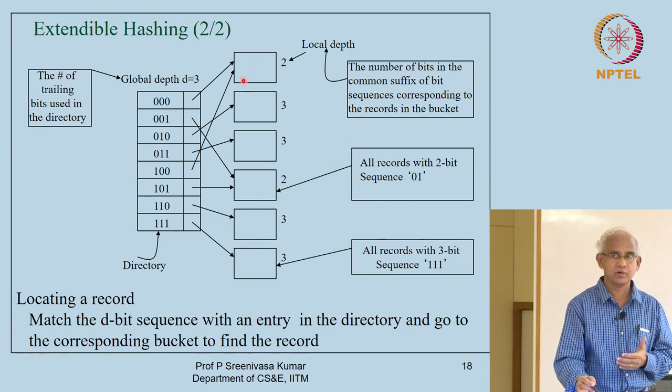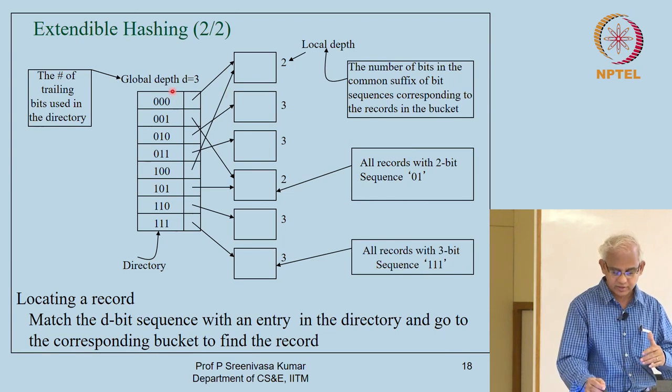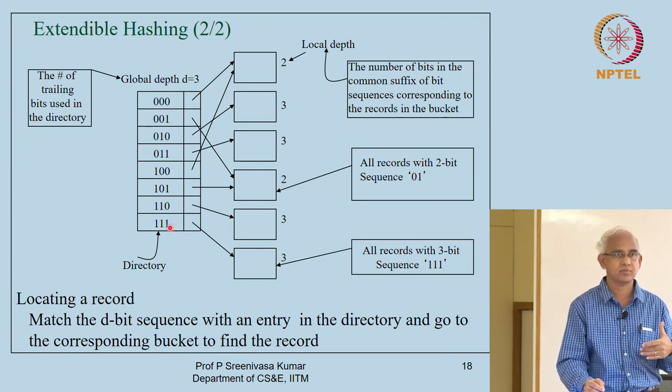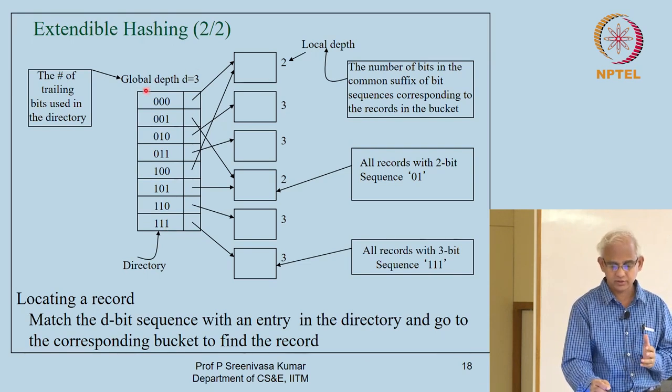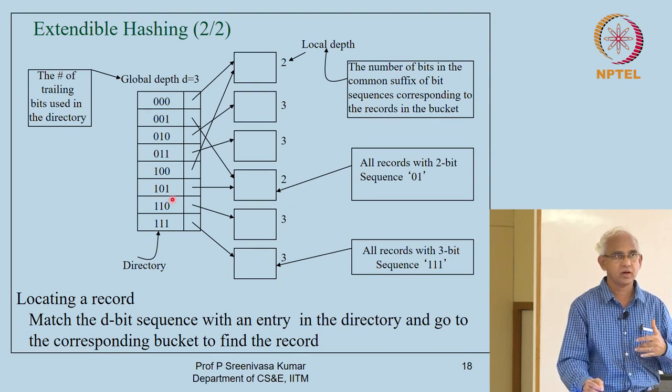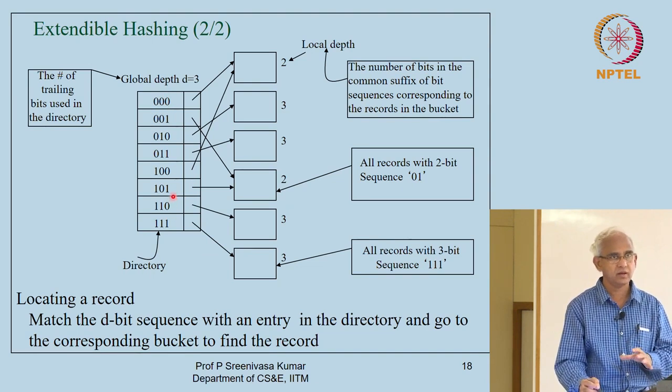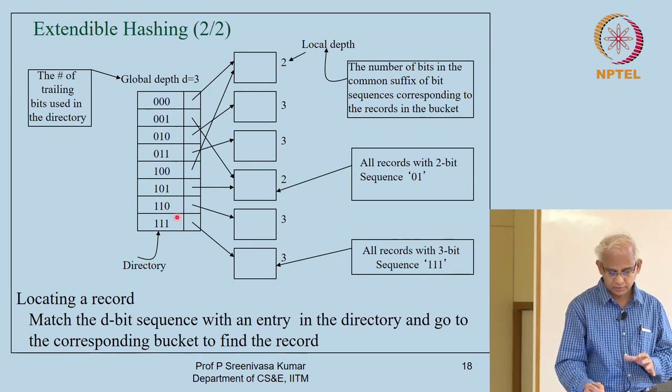At that time, this is a clever technique, we simply double the directory structure itself. We will increase the global depth by 1, and double the directory structure and then adjust the whole structure again, so that we can make use of this scheme.